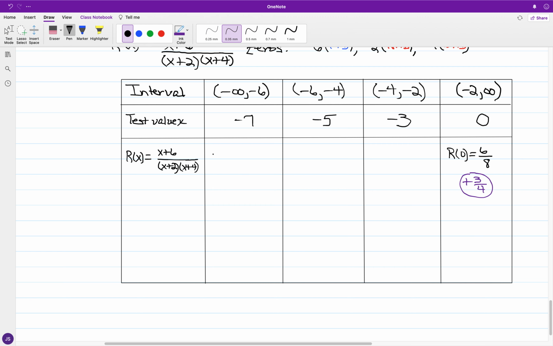Now for R of negative 7, negative 7 plus 6 is negative 1, and the denominator has negative 5 times negative 3, so in this case we have negative 1 over 15, a minus 1/15.